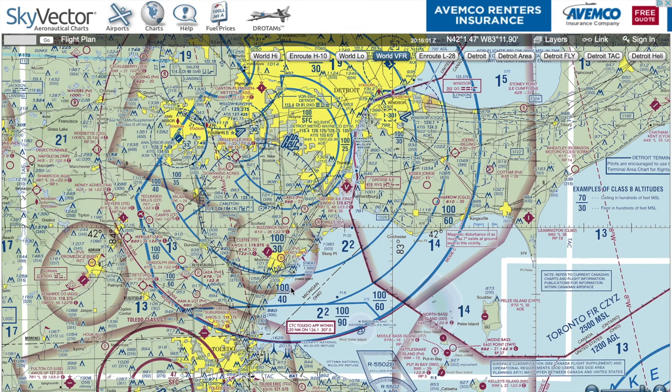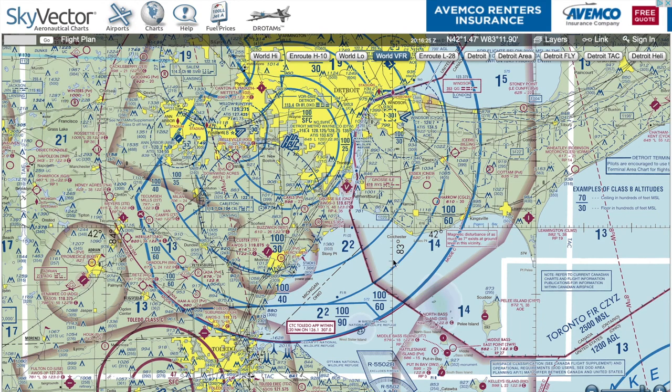So that is 10,000 feet, and that is 4,000 feet. So the Class B right here, it starts at 10,000 feet, and it goes down to 4,000 feet. And that's actually above sea level, not above the ground. So the whole top of this Class B airspace is at 10,000 feet.